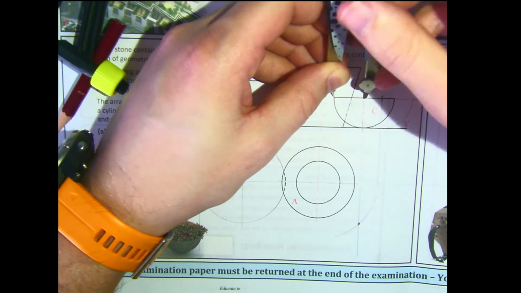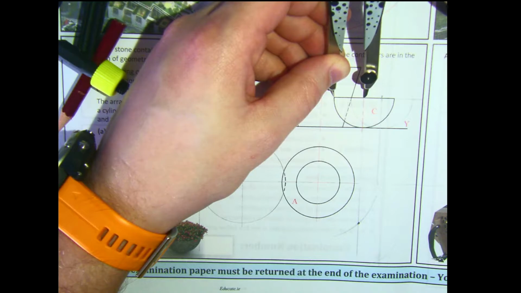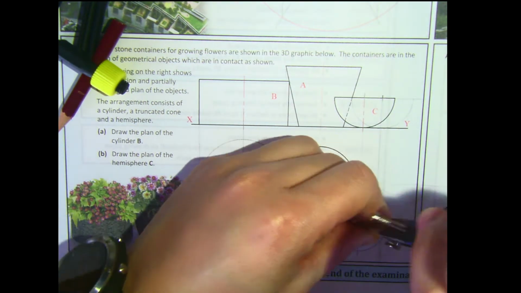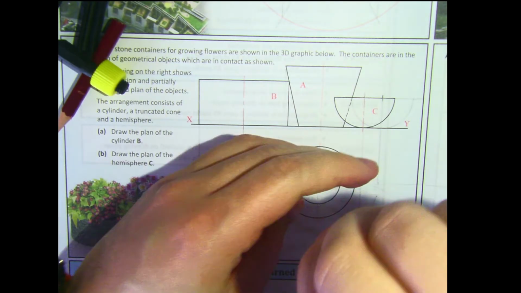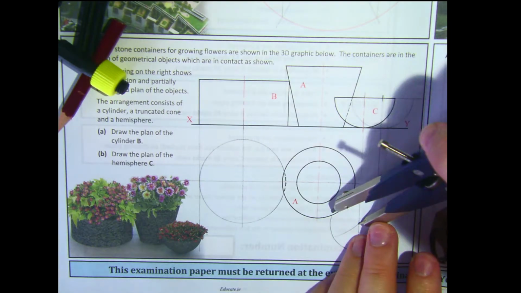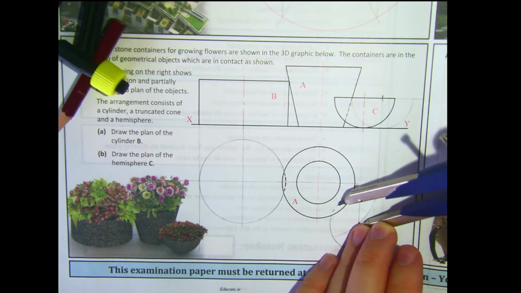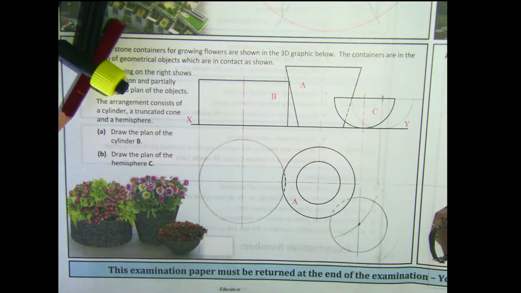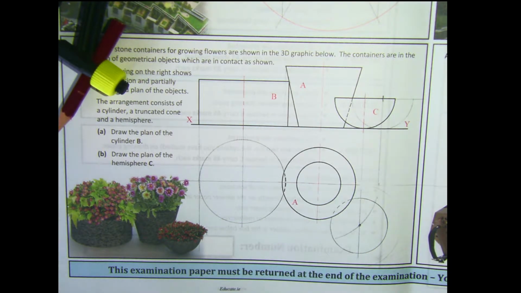So taking this distance, so same distance as what we had a while ago, and then on our point here, rotating this around. Again, we're going to have some bit of hidden detail where it goes in underneath it. And that continues the rest of the way around there.